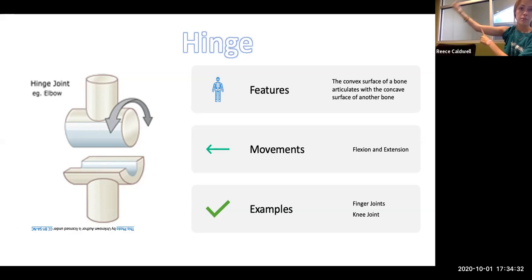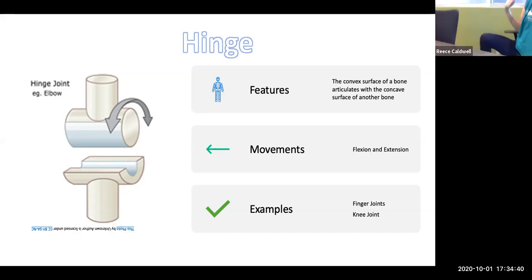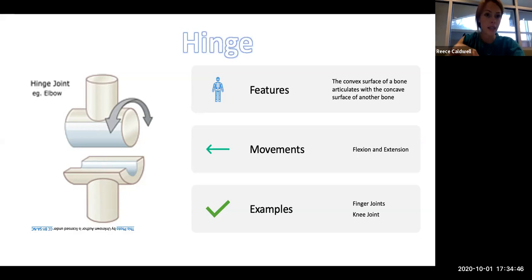Think about it like a hinge on a door, open and close, open and close. We can also see a hinge joint at the knee. Any joint that opens and closes like a door is a hinge joint. Same with our finger, open, close. Anywhere you see that open and close movement with flexion and extension would be a hinge joint.